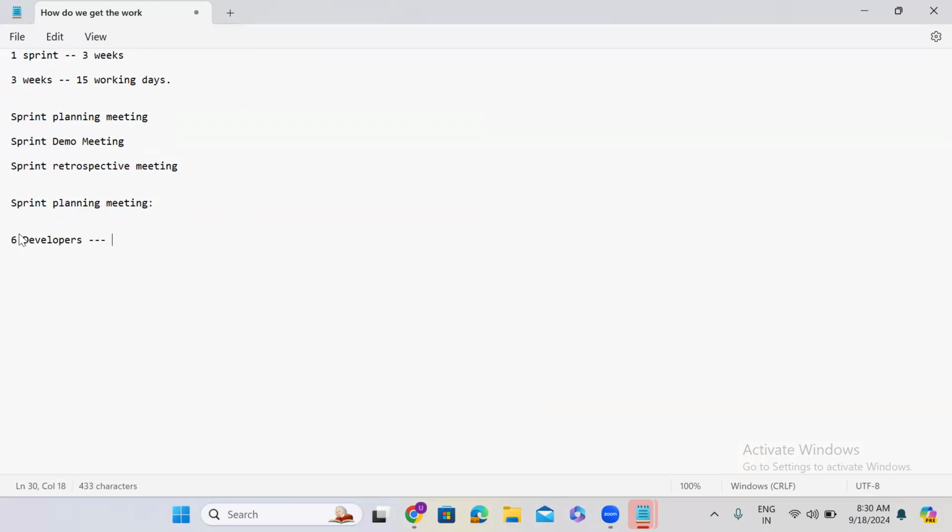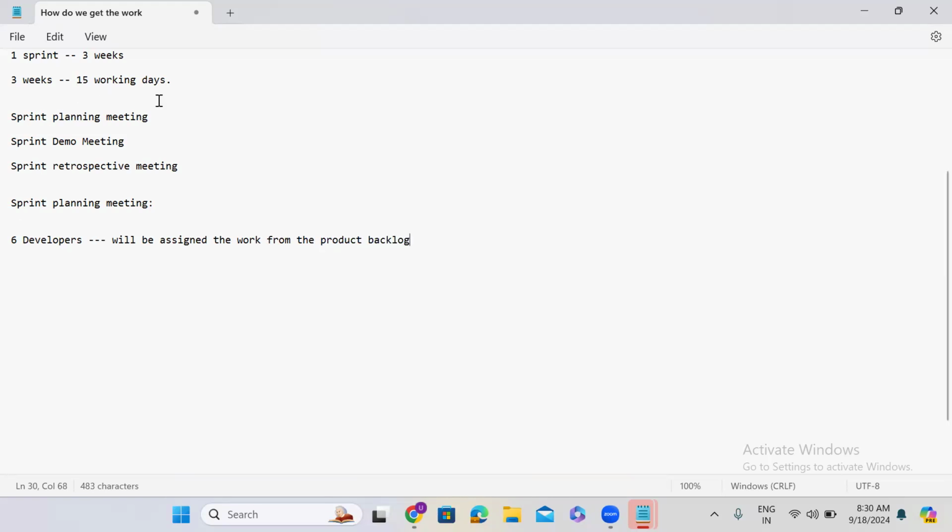All the 6 developers will be assigned the work from the product backlog.